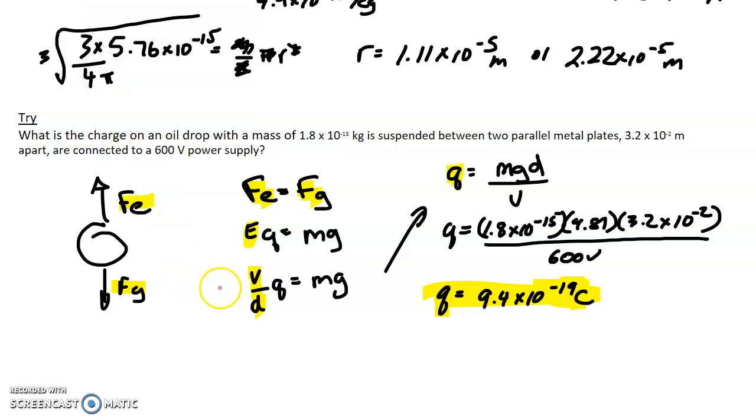We do not know whether this is going to be positive or negative. If the positive plate was at the top, this would be a negatively charged item. If the negative plate was on top, then this would be a positively charged item, which means that this could have either an excess of about 6 electrons, or it could have lost 6 electrons through the X-ray bombardment.